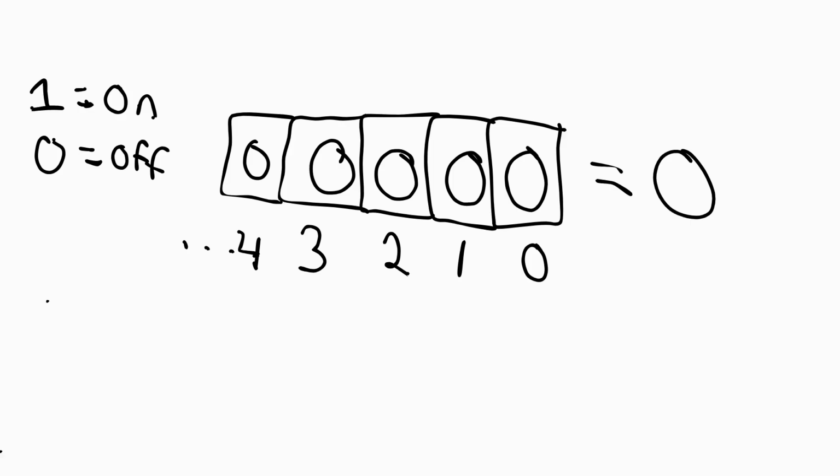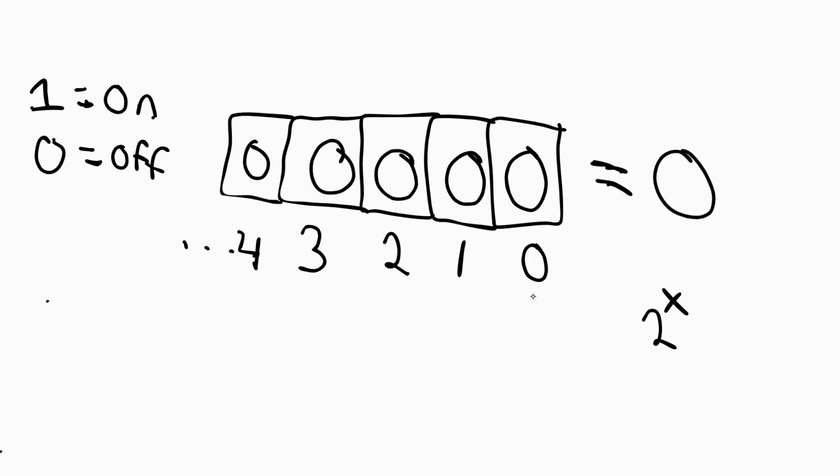So then the question is, what are the values? How do I know what value to use to calculate what the number is? Well, each of these slots have a value that's based on 2 to the x power, right? And the x is whatever slot you are in.